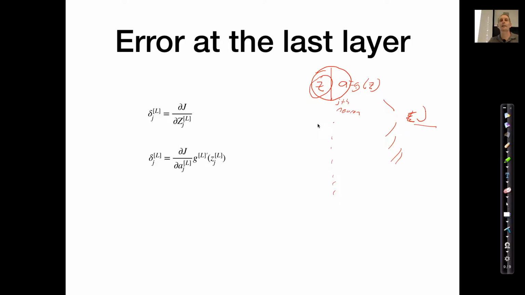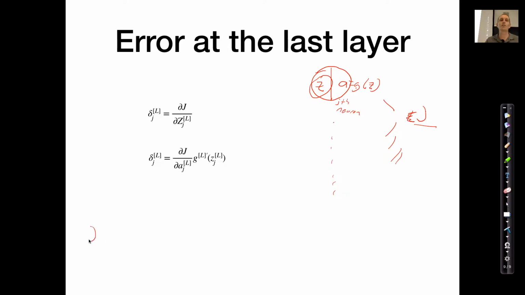Is that a hard thing to calculate? Do we know what the derivative is of J with respect to A? Where would we find that? Yeah, you'd have to look at the loss function.